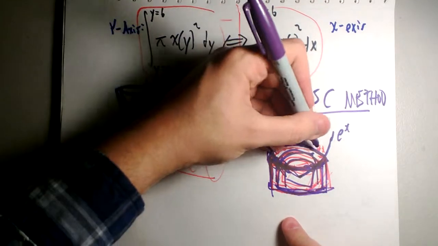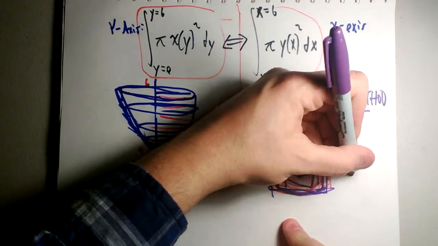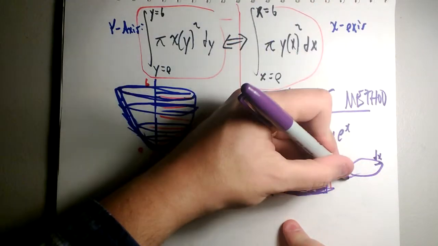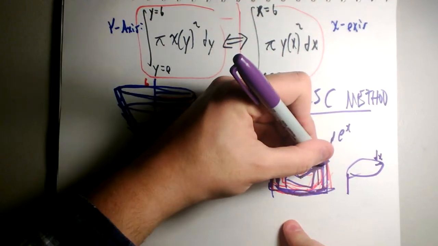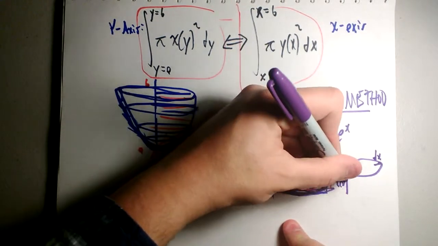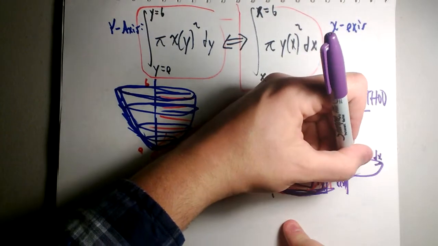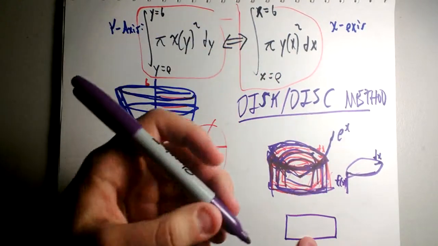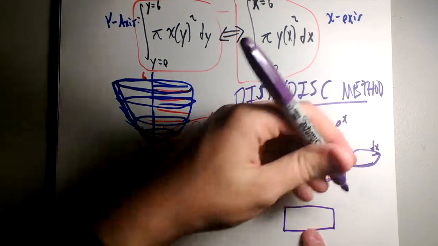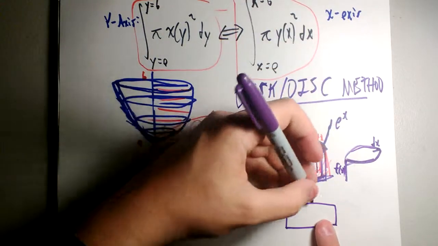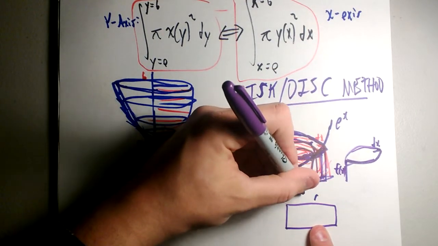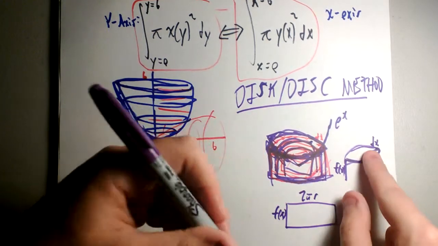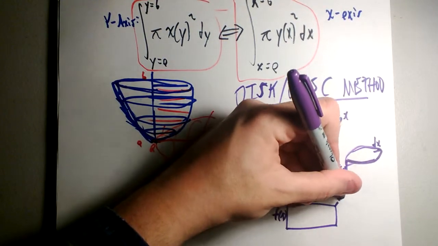So all we need to do is write up some way to find this. If we go dx in, if we have a height, what is the height here? That is our function. And then let's unravel this for a second. That would be a rectangle. And the top would be the circumference, so it's 2 pi times the radius, and the height we are set as f of x, and then we give it some depth of dx.